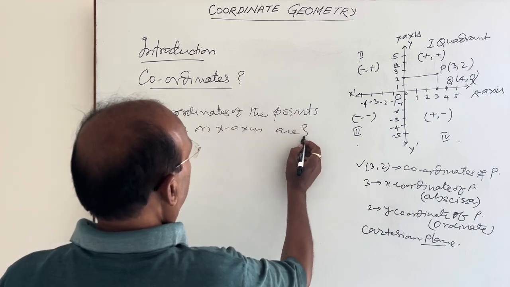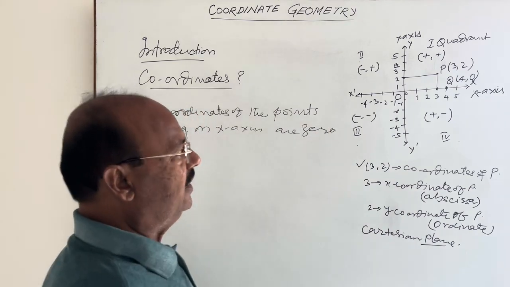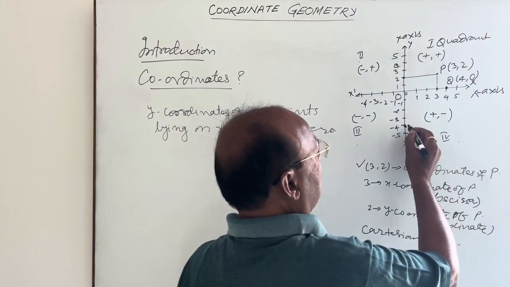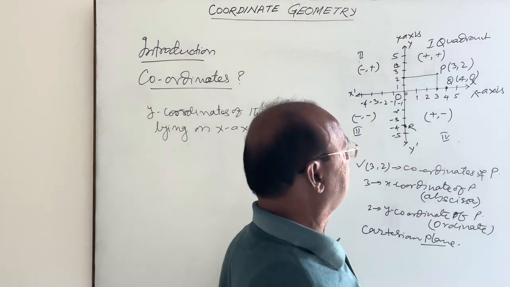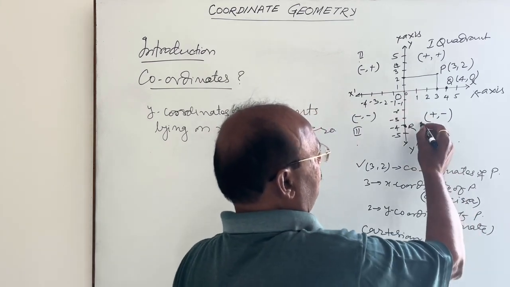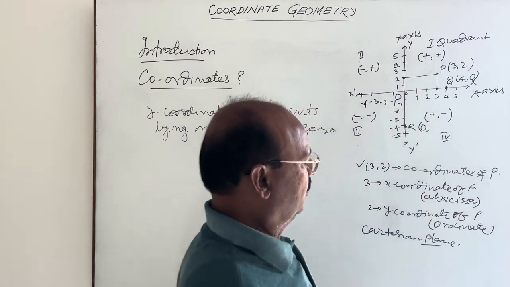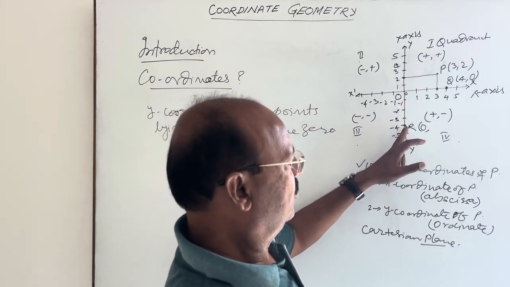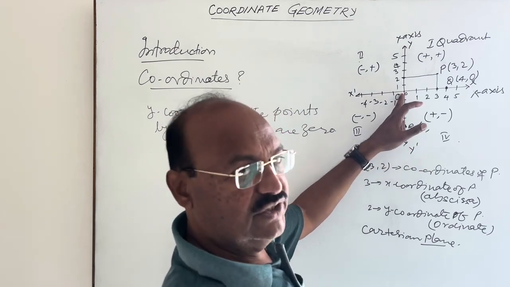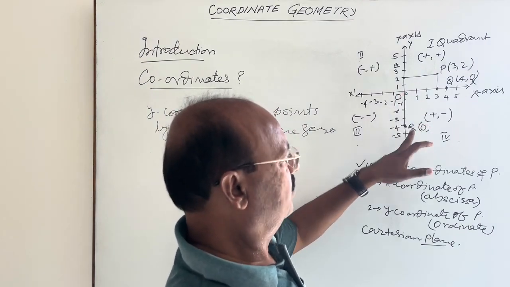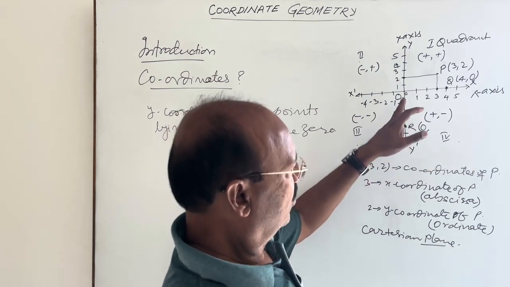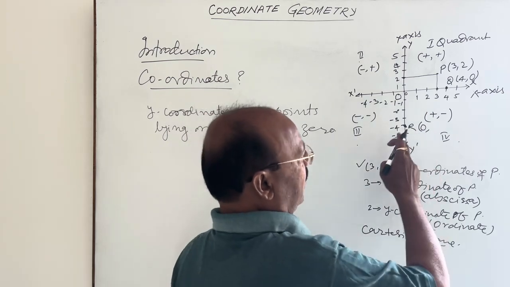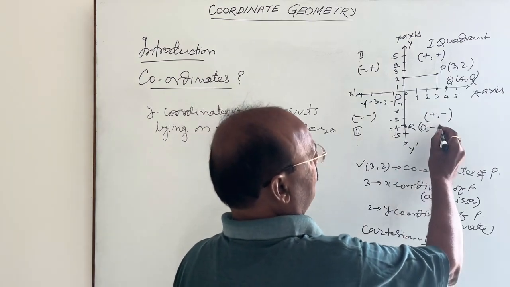Similarly, if you take any point along y-axis, suppose you take any point, suppose R here, then x coordinate will be 0, because when we draw a perpendicular on x-axis from this point R, the foot of perpendicular is coinciding with origin 0. So the distance of this point R from origin along x-axis is 0. So x coordinate is 0 and obviously y coordinate is here -4.